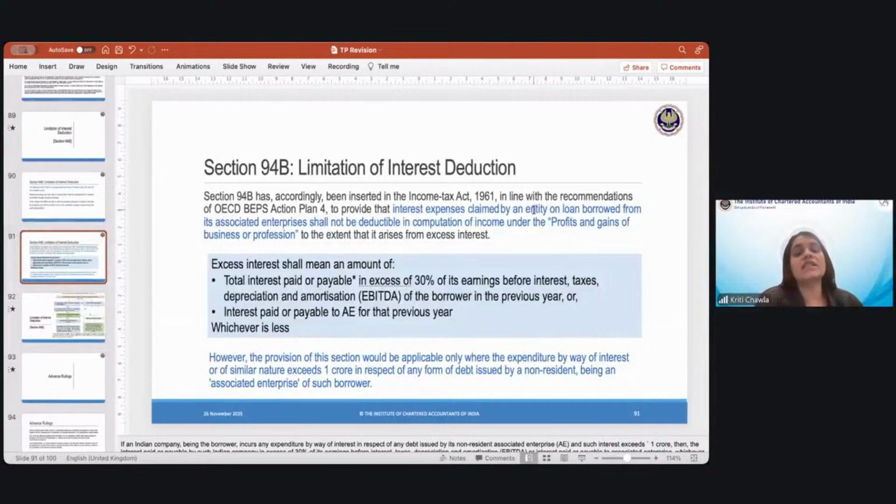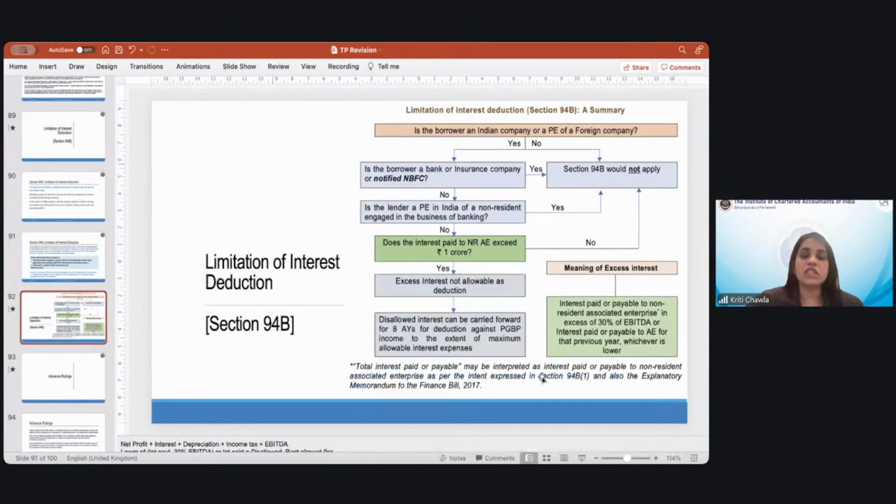So this is the excess interest. The interest will not exceed the total interest paid or payable, in excess of 30% of EBITDA, or the interest paid or payable, whichever is less. But then again, this provision will be applicable only if the interest exceeds 1 crore rupees. So this is where I have just summarized the limitation of interest deduction rules.